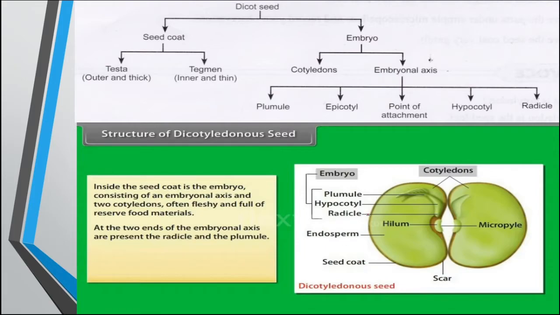This is the seed coat, and these are the two cotyledons full of reserve food. Then the hypocotyl at the lower side and radicle, and on the upper side the epicotyl and the plumule. Here this is the hilum and this is the scar, and this is the diagram of the dicot seed.